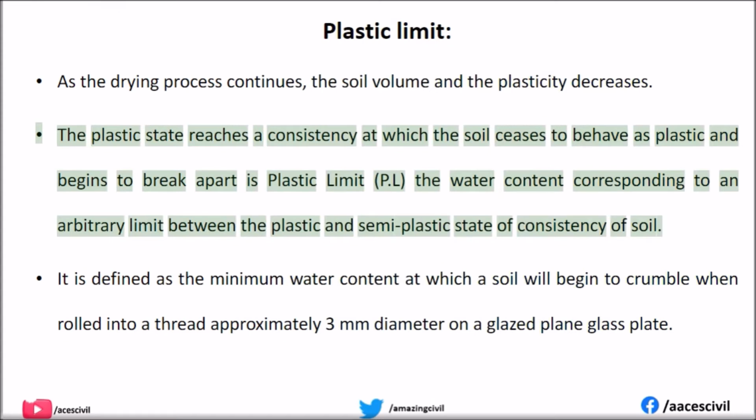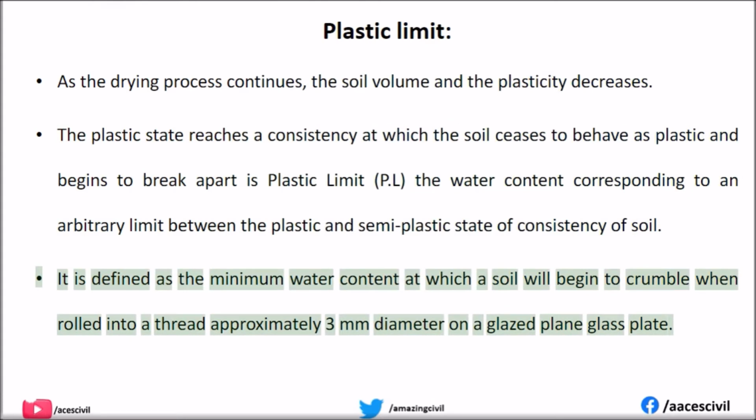This is the plastic limit, PL: the water content corresponding to an arbitrary limit between the plastic and semi-solid state of consistency of soil. It is defined as the minimum water content at which a soil will begin to crumble when rolled into a thread approximately 3 mm in diameter on a glazed plain glass plate.